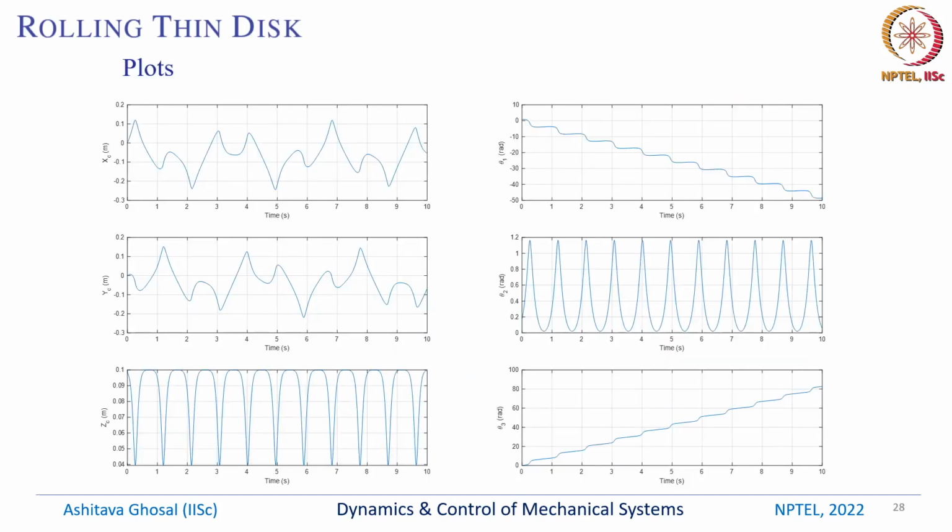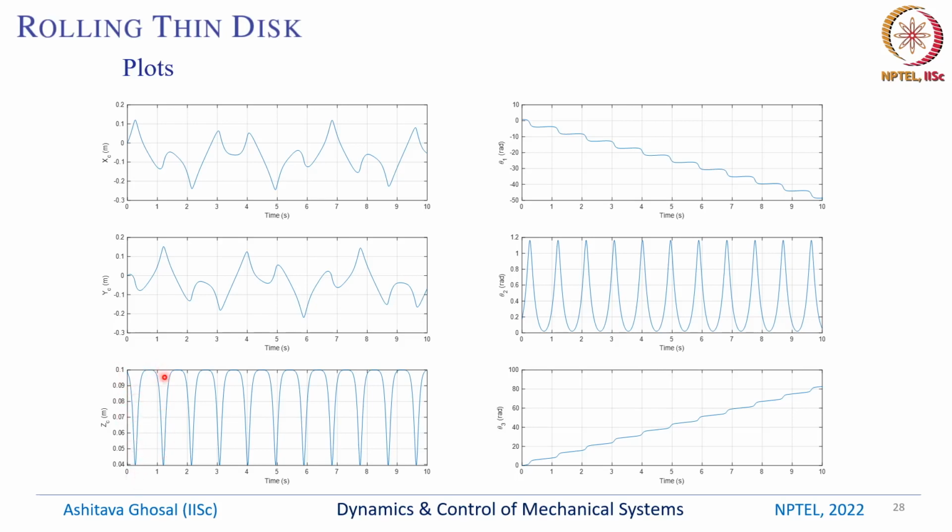We can also now plot the center of the disk, how it is moving. This is the x coordinate, this is the y coordinate, and this is the z coordinate, the way the z coordinate is changing with time. The simulation is for 10 seconds, so the z is approximately understandable.